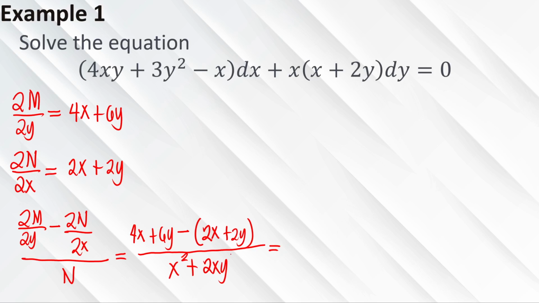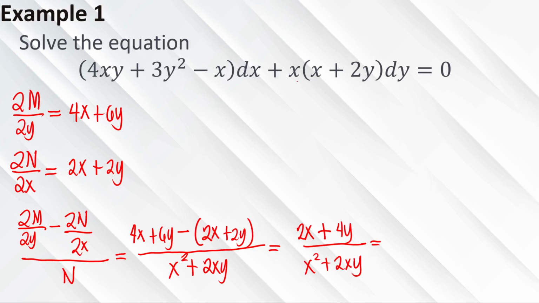I-simplify natin: 4x minus 2x is 2x, and then plus 6y minus 4y is plus 2y, divided by x squared plus 2xy. Pwede tayong mag-factor out.